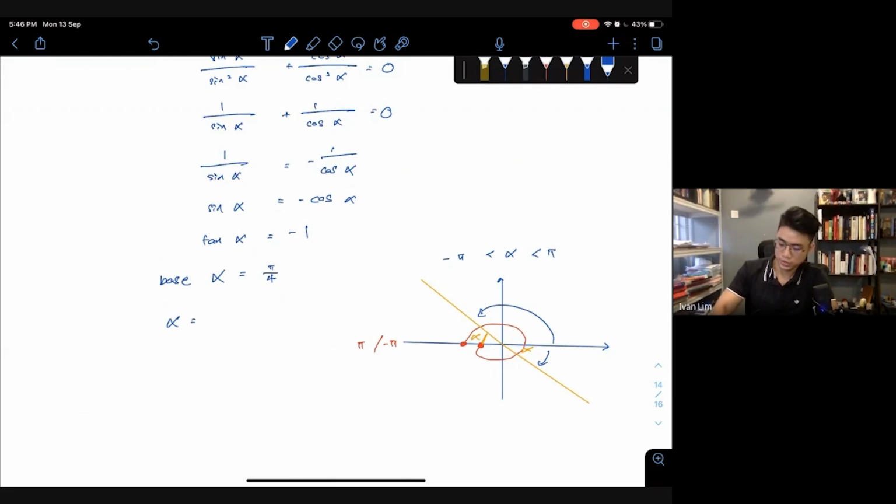Which is negative pi over 4 and 180 minus pi over 4, which is 3 over 4 pi. So this is your 3 over 4 pi. This is your negative pi over 4.